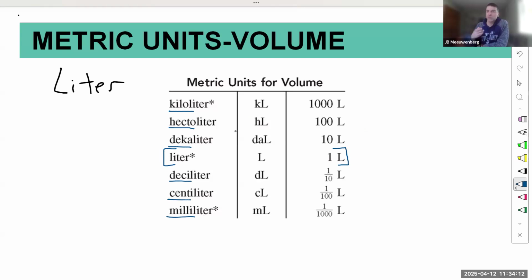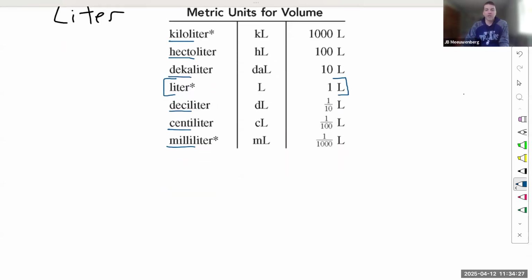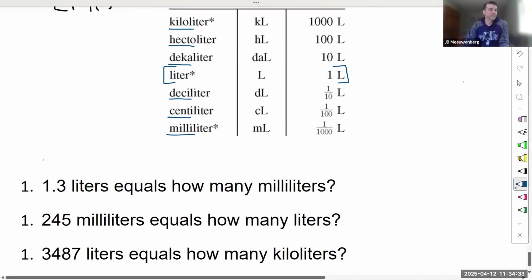The ones with the stars are the common volumes that are actually used in everyday life. Now, even though these prefixes exist, often they're not used in common talk. So a couple of questions to try for you. See if you can answer these 3 questions.